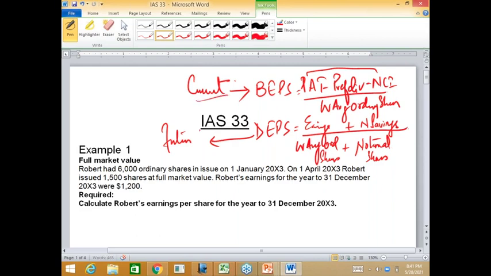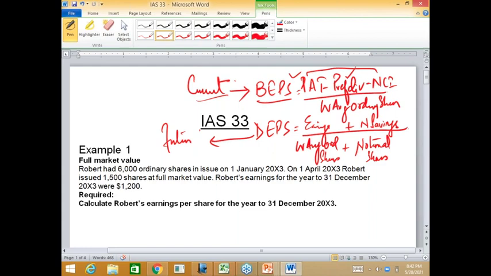So right now we are going to start with the basic earnings per share. Remember that the profit after tax will always be given to you in the examination. The preference dividend shown here is that of irredeemable preference shares, because the dividend of the redeemable preference shares is already adjusted in the profit after tax.